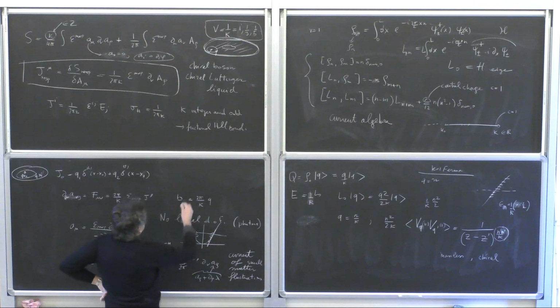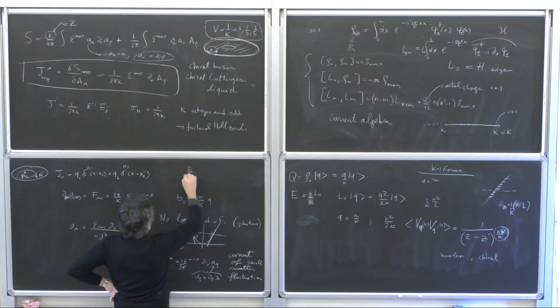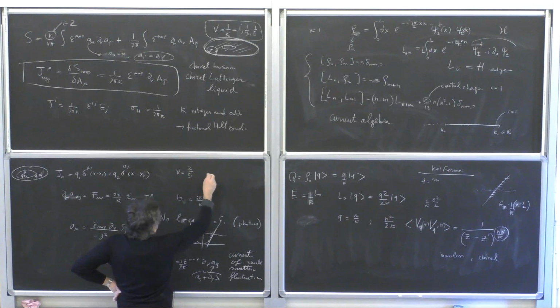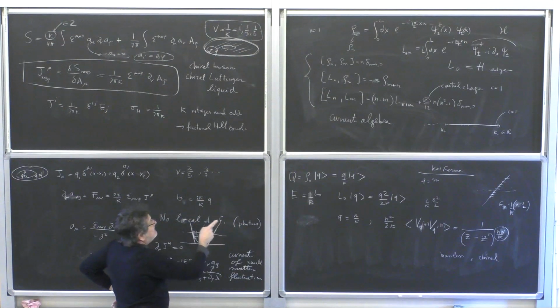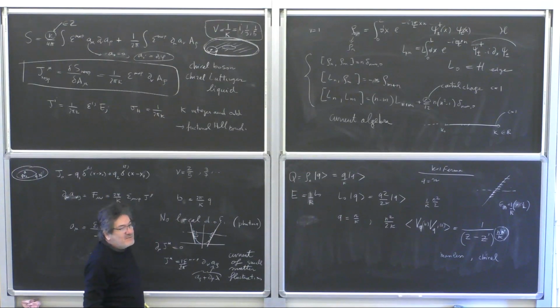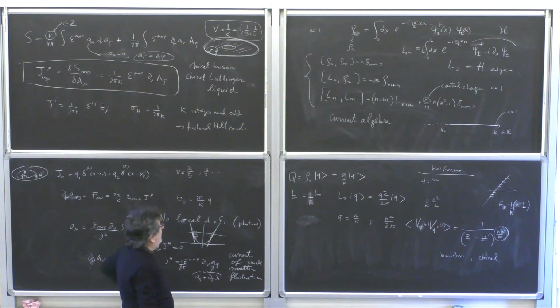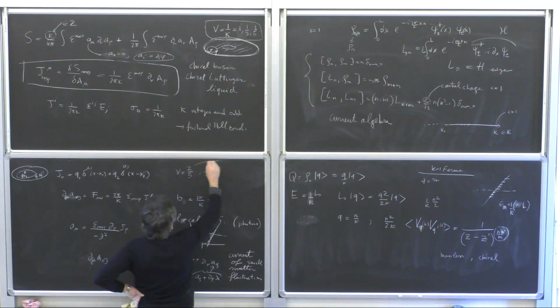More general cases, for example, 2/5, or 3/7, okay, or some other numbers which are observed, and to describe them, you show that this theory is not good enough. So you are forced to change the theory, and the value of the central charge is here, is a numerator, okay.